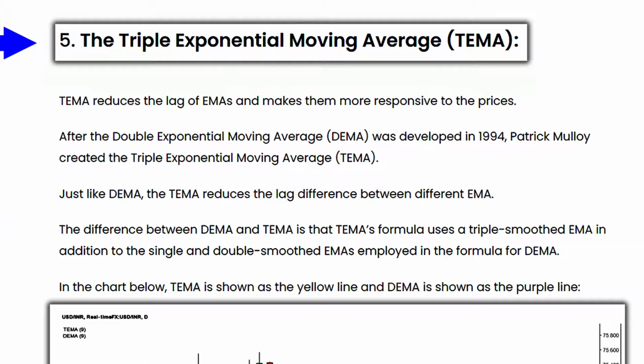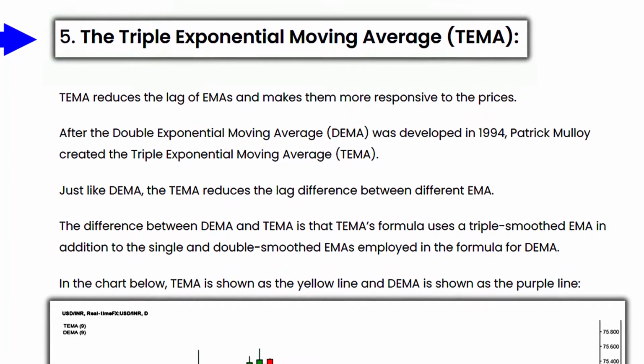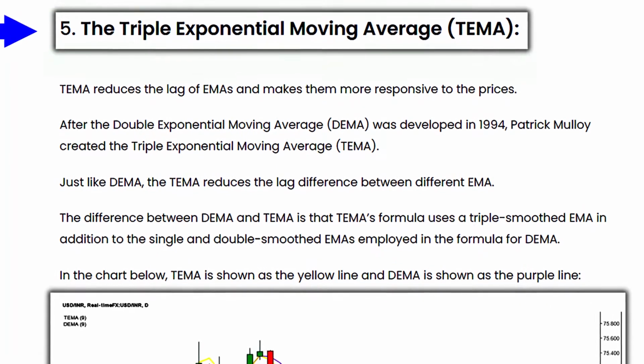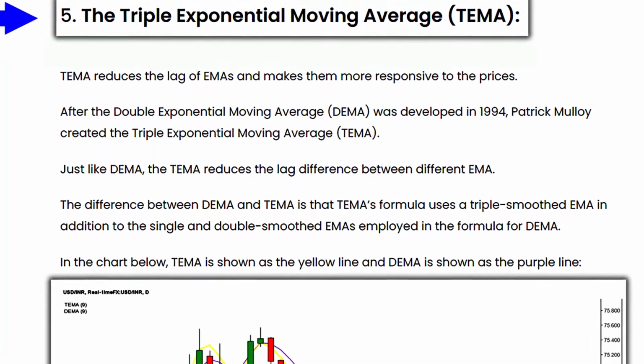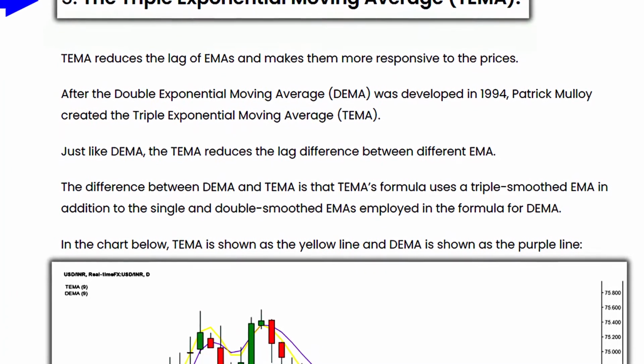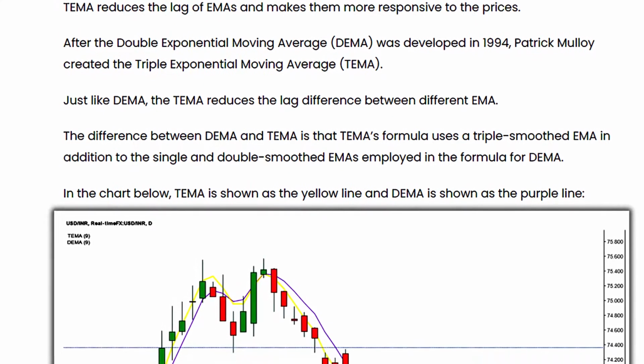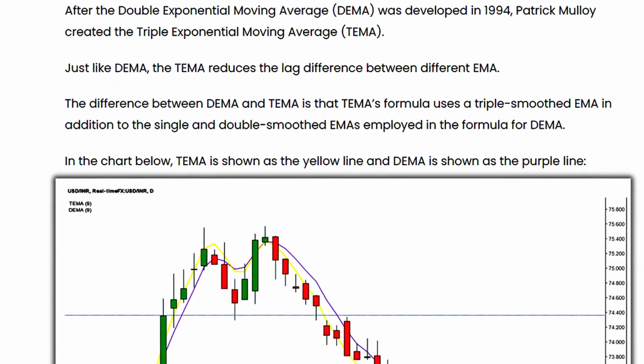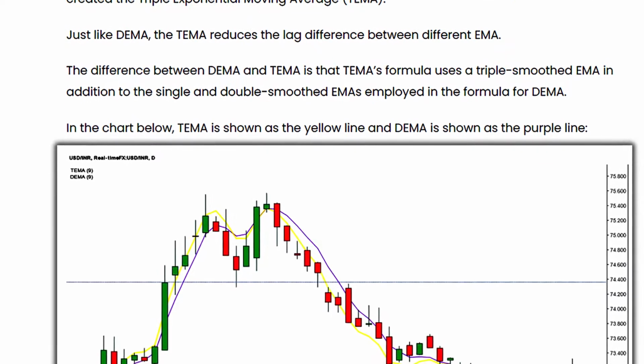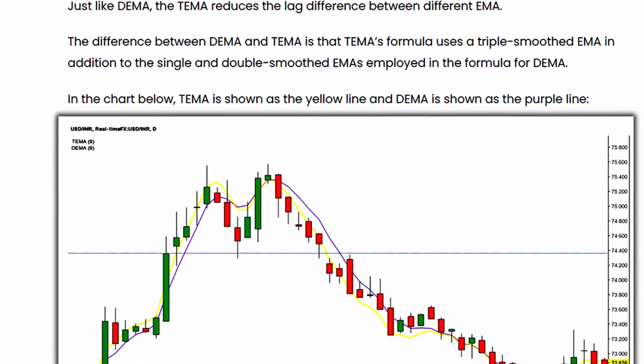5. The triple exponential moving average, TEMA. TEMA reduces the lag of EMAs and makes them more responsive to the prices. After the double exponential moving average, DEMA, was developed in 1994, Patrick Mulloy created the triple exponential moving average, TEMA. Just like DEMA, the TEMA reduces the lag of the EMA.